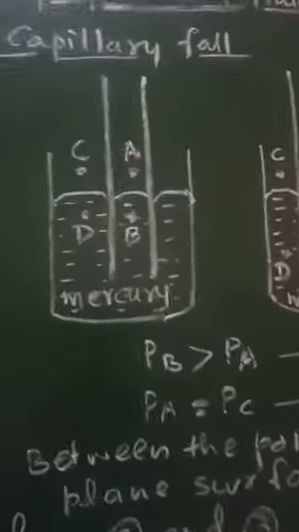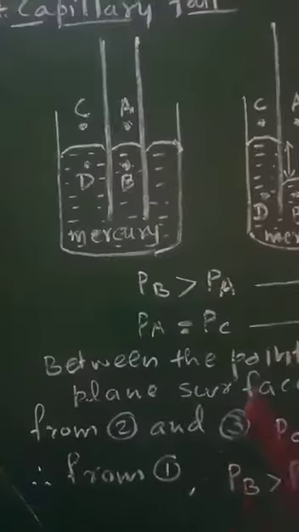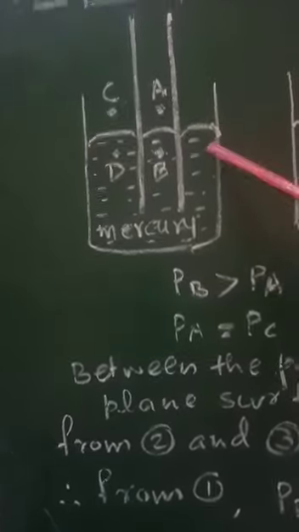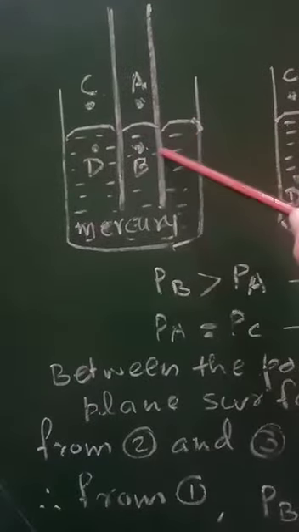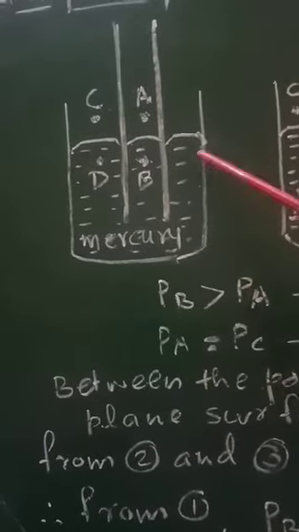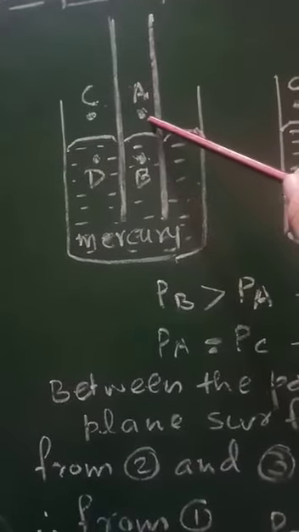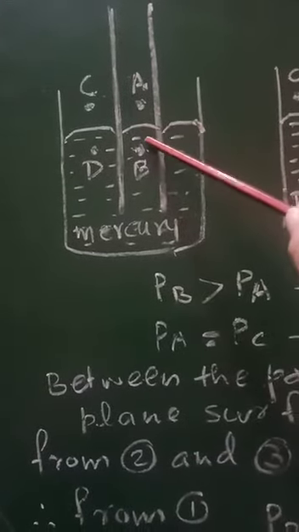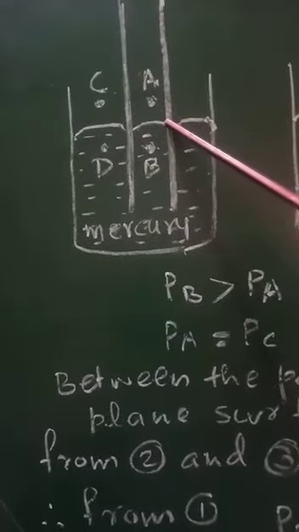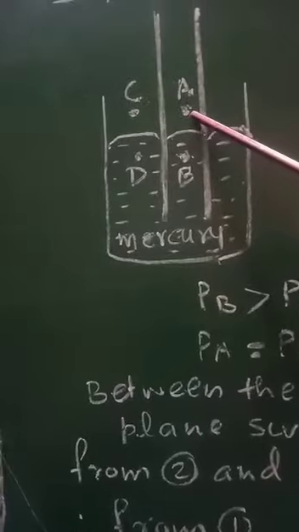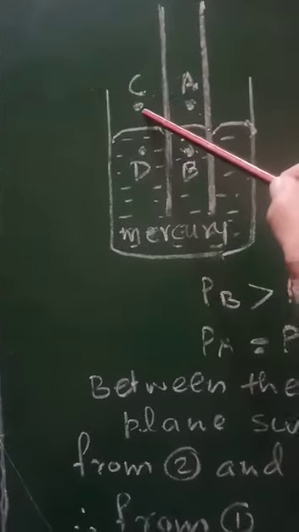On the other hand, if you consider the capillary fall, then in this case mercury is contained in this vessel and a capillary is dipped into it. Again consider 4 points A, B, C, D such that point A is inside the capillary above this convex surface. Then point C is at the same level as that of point A outside the capillary.